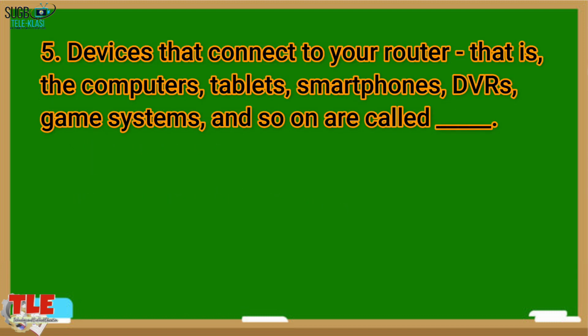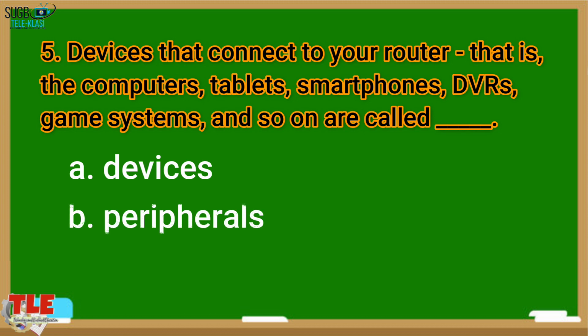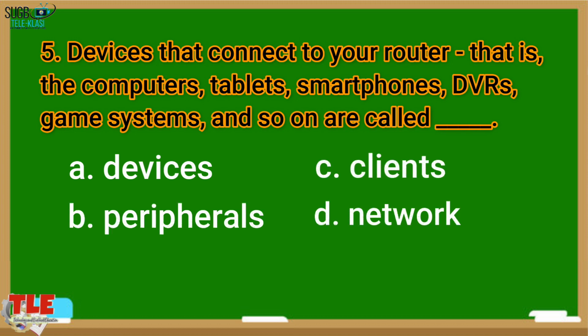Number 5. Devices that connect to your router, that is, the computers, tablets, smartphones, DVRs, game systems, and so on, are called A. Devices. B. Peripherals. C. Clients. D. Network.